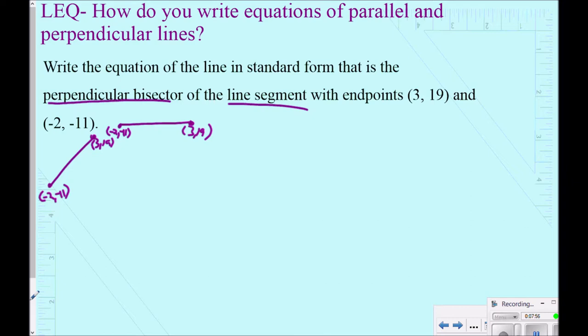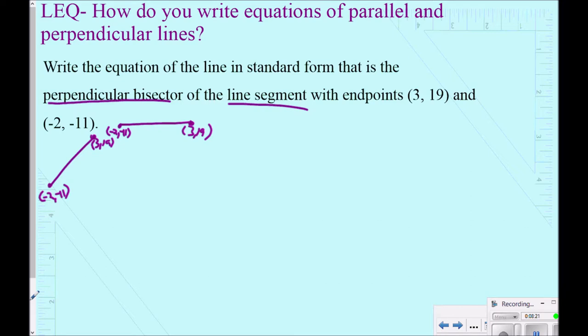Well, bisecting, another word for that, is cutting in half so that we form two congruent line segments. And if we have two congruent line segments formed when we have this bisect happening, that means that the line that's bisecting this line segment is going through the midpoint of this line segment.